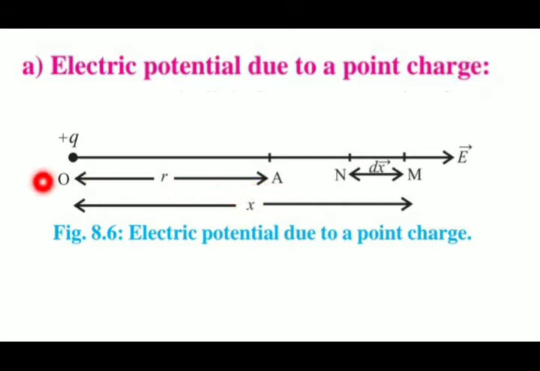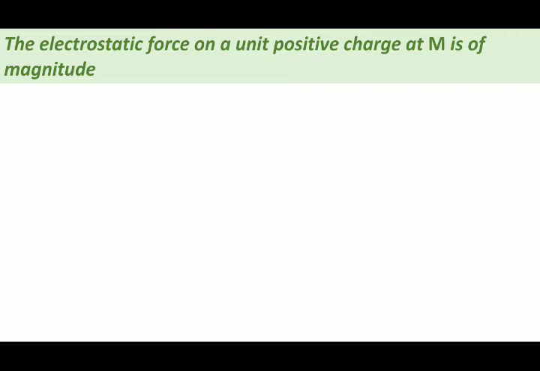The distance of this point M from the origin O is x. The electrostatic force on a unit positive charge at M is of magnitude F.